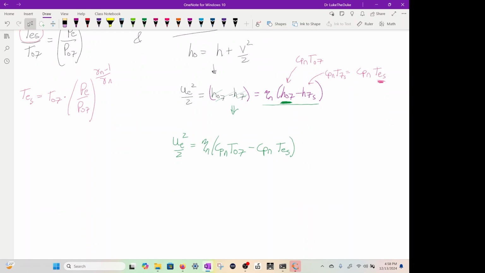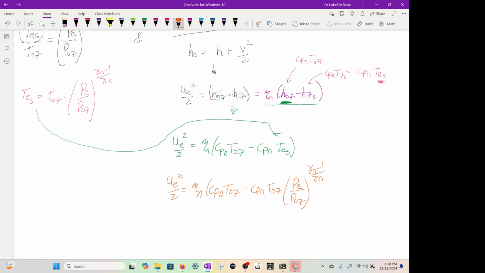But let's plug in what TES is right there. So UE squared over 2 equals eta n CPN T naught 7 minus CPN, and then this becomes T naught 7 PE over P naught 7 raised to the gamma n minus 1 over gamma n. And this needs to be a bracket here, right? Because it's eta n all that times.